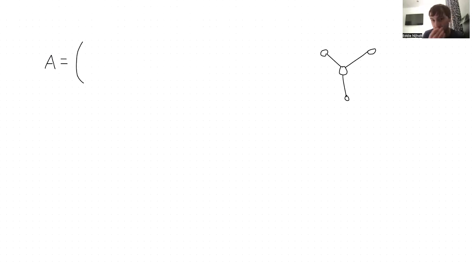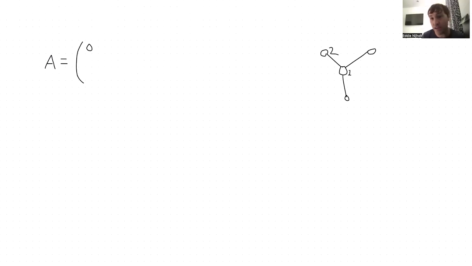So first you draw the adjacency matrix. So the adjacency matrix, at least for these kinds of undirected simple networks, is very easy. You always put zeros on the diagonal. So let's say that this is node number 1 and the others are 2, 3, and so forth.